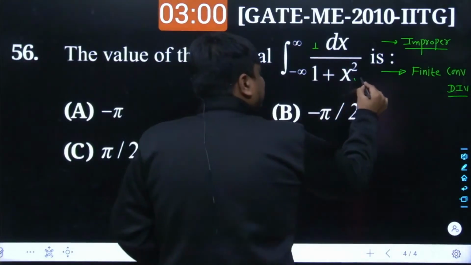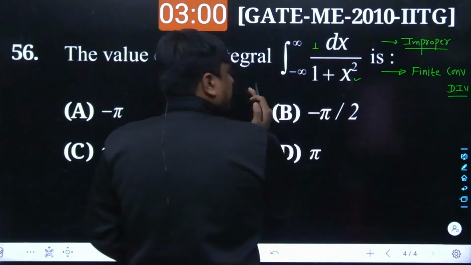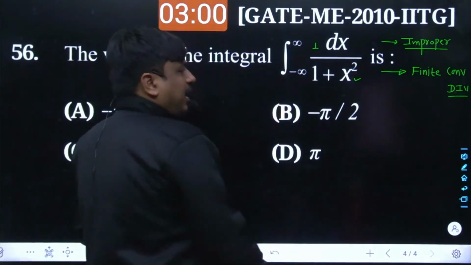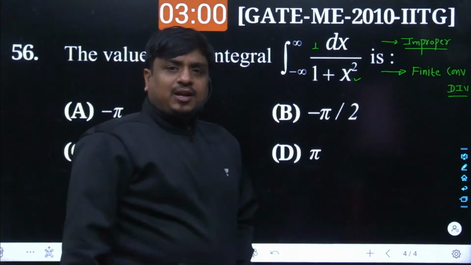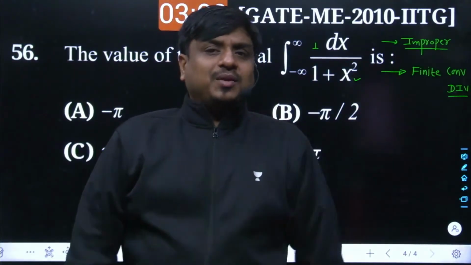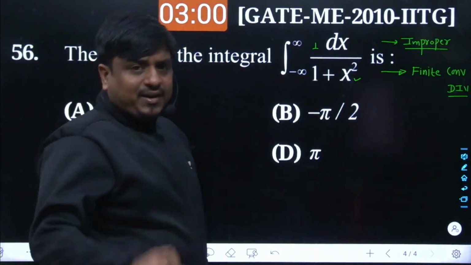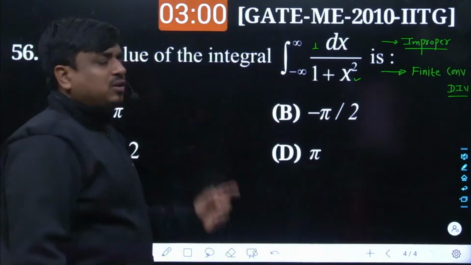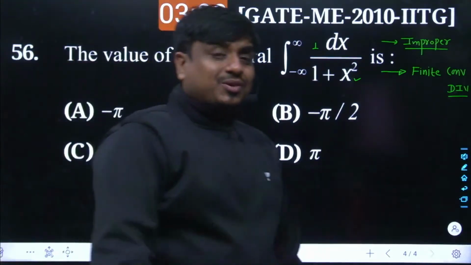As the value of x increases in a positive or negative sense, one thing is quite sure, the magnitude will keep decreasing. And as the magnitude keeps decreasing, the area confined from minus infinity to 0 and 0 to infinity is going to be a finite value. And as it is finite, once we consolidate together, it is going to be a finite value, either of the options. Did you understand what I am saying?